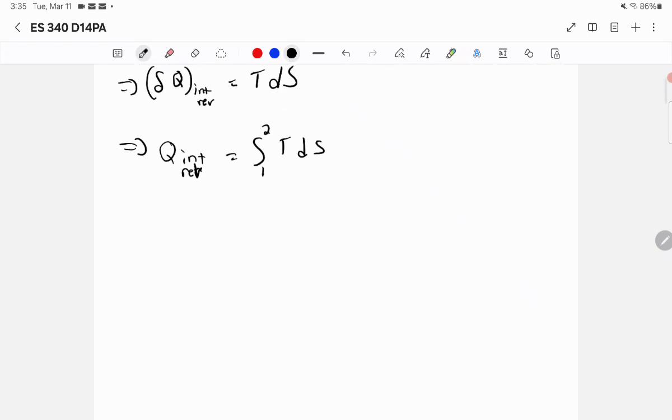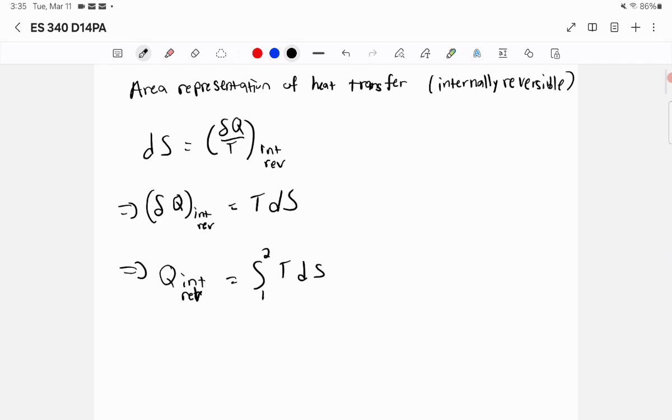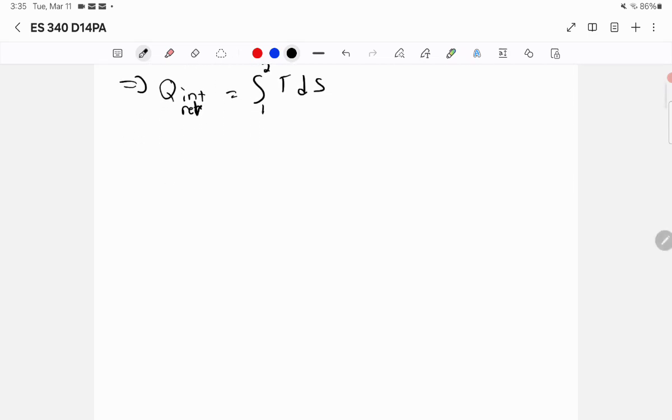We can actually use this as a representation of the heat transfer visually. This is why the TS plot is very useful. In this case, I'm going to use capital S here.